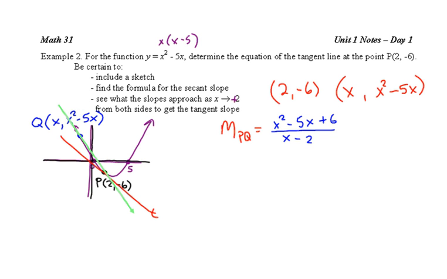So we factor this: two numbers that multiply to positive 6 and add to negative 5. Oh, look, we can cancel.